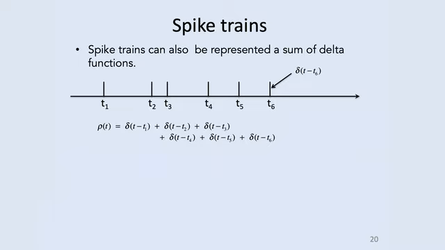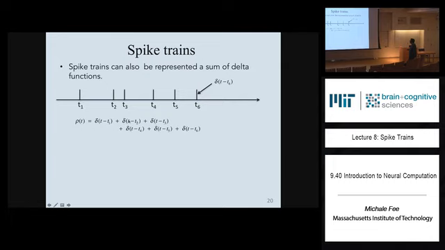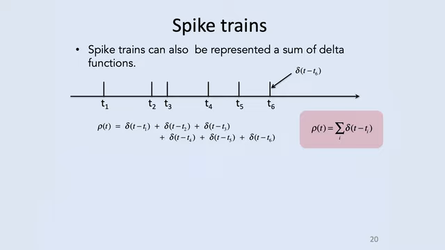So the spike train as a function of time is delta of t minus t1, corresponding to the first spike, plus another delta function at time t2, corresponding to that spike, and so on.